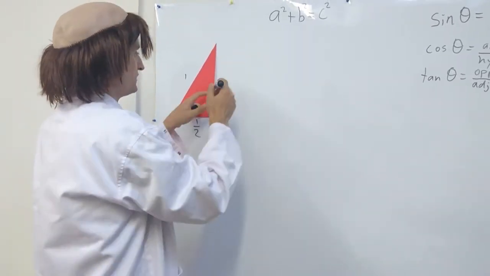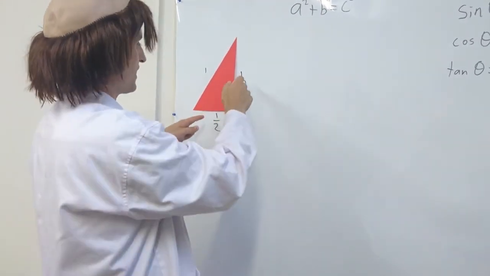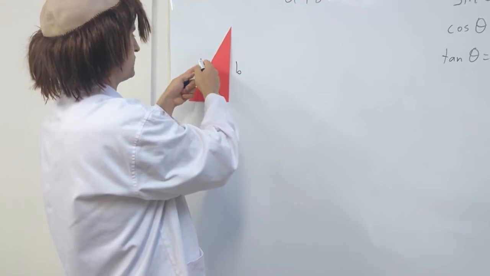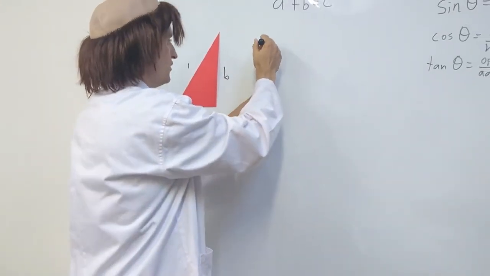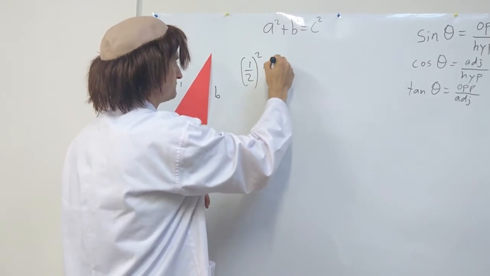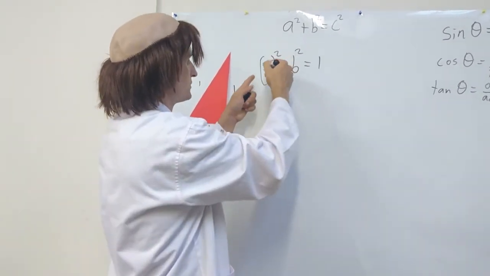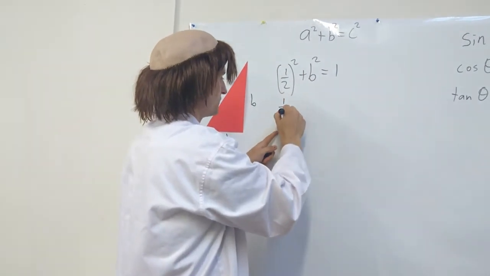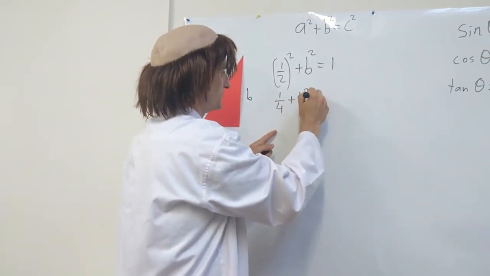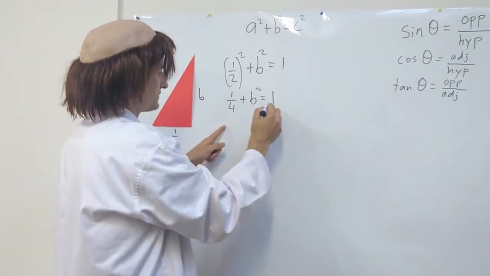How do we find this one? I'll call this b. So we know that a equals 1/2. We don't know b, but we know c equals 1. So we'll write 1/2 squared plus b squared equals 1. So we'll square this. 1 over 4 plus b squared equals 1. Put this onto the other side.